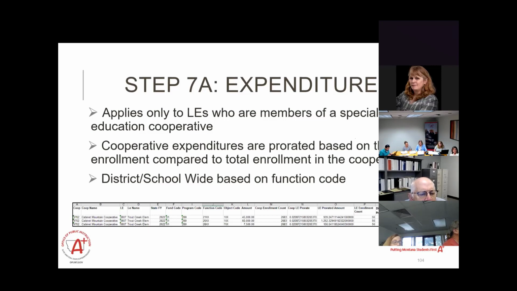Note that this report only applies to legal entities who are members of a special education cooperative. So if you're not a member of a special education cooperative and you run this report, it will be blank. The other important note here is that cooperative expenditures are prorated based on enrollment in that legal entity compared to total enrollment in the cooperative.